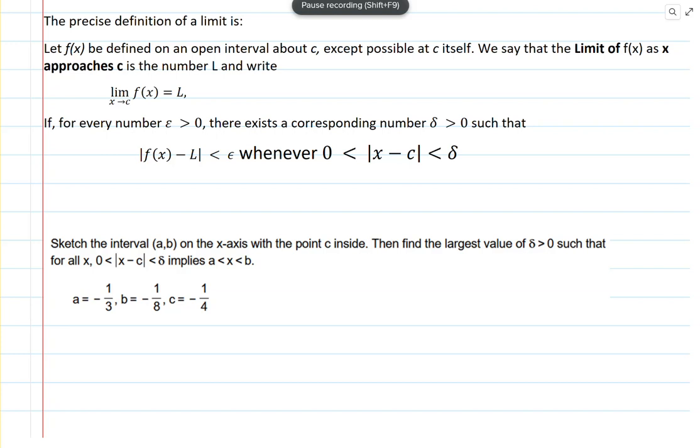Be defined on an open interval about C. Now, some math books use different lowercase letters. Lowercase letters are numbers, and those numbers exist in the performance of whatever they want us to do. But this textbook uses C, except possibly at C itself.